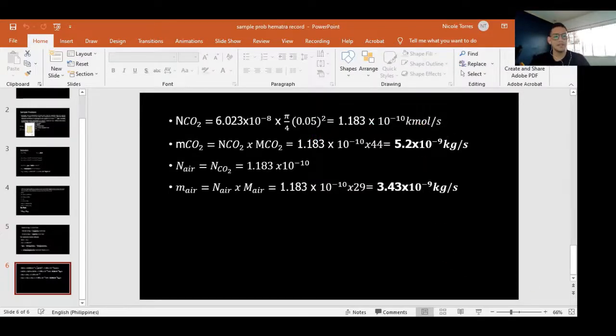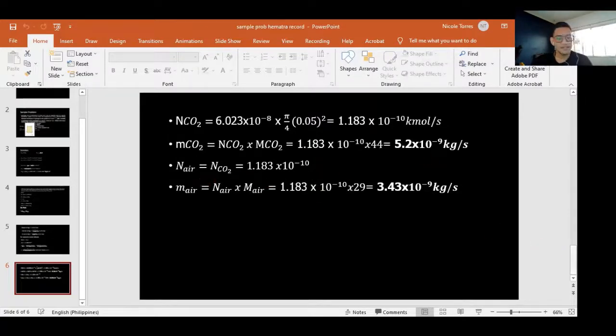So the mass flow rate of CO2 is equal to 1.183 times 10 raised to negative 10 times 44, which is the molecular weight of CO2. Then multiply both. Our answer is 5.2 times 10 raised to negative 9 kilograms per second.